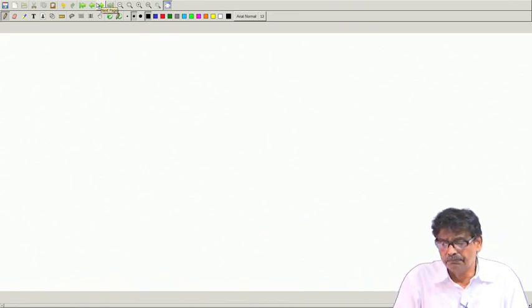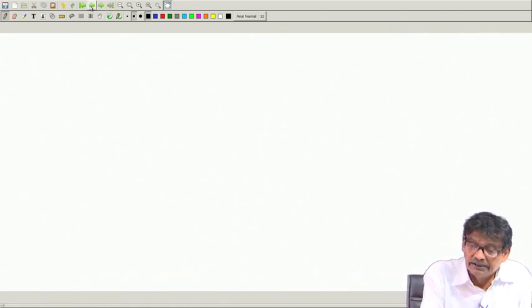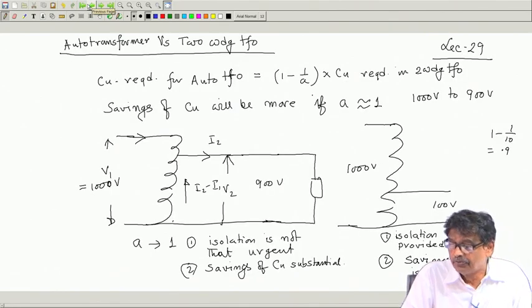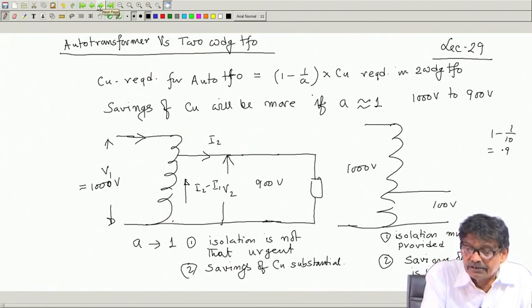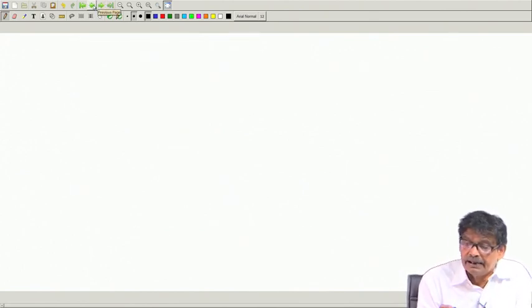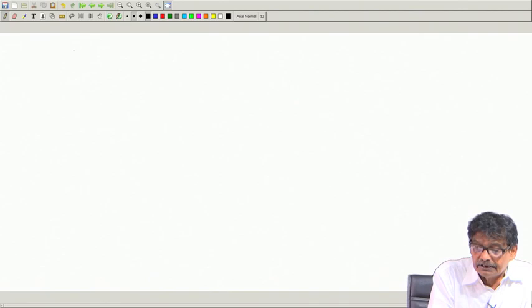Now, before I proceed further, to understand what is going on in an auto transformer, so far I have taken an ideal case, that is, transformers having no leakage impedance and so on. I will just point out one thing, in the form of a problem, so that you understand what I am trying to tell.